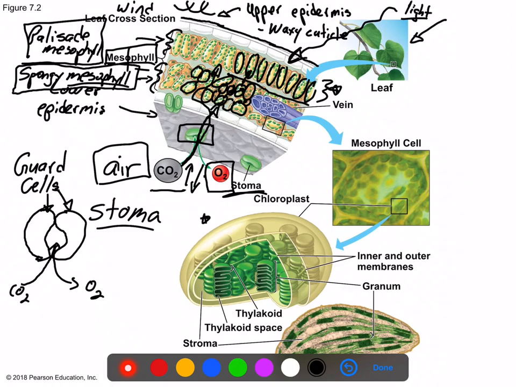Okay, so let's now focus on the very important chloroplast, right? This one right here. Notice that the chloroplast has several membranes. It's got three, okay? It's got an inner and outer membrane.